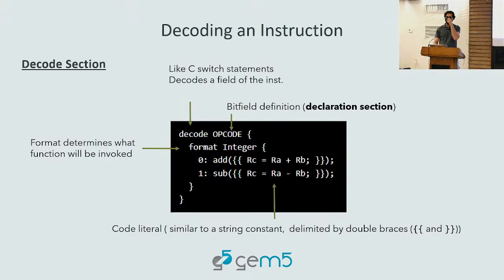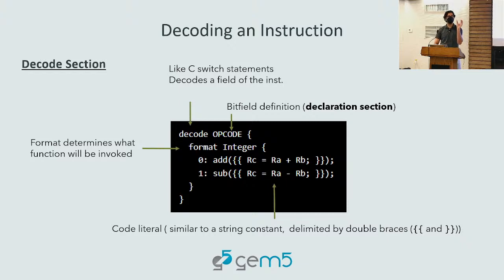In gem5, how do you specify the instruction? In gem5's domain-specific language, this decoding usually happens through something called decode blocks, which is very similar to C switch statements, which we looked at, which was from the auto-generated code. And these decode blocks, really what they do is that there's a keyword decode, then there is an opcode, which could be actually any field coming from the instruction itself.